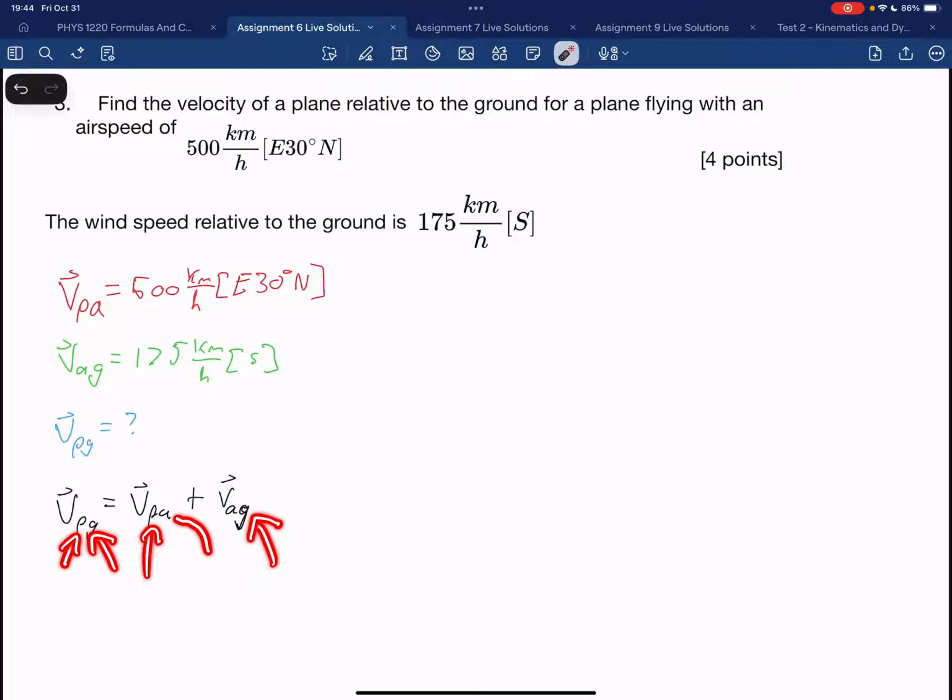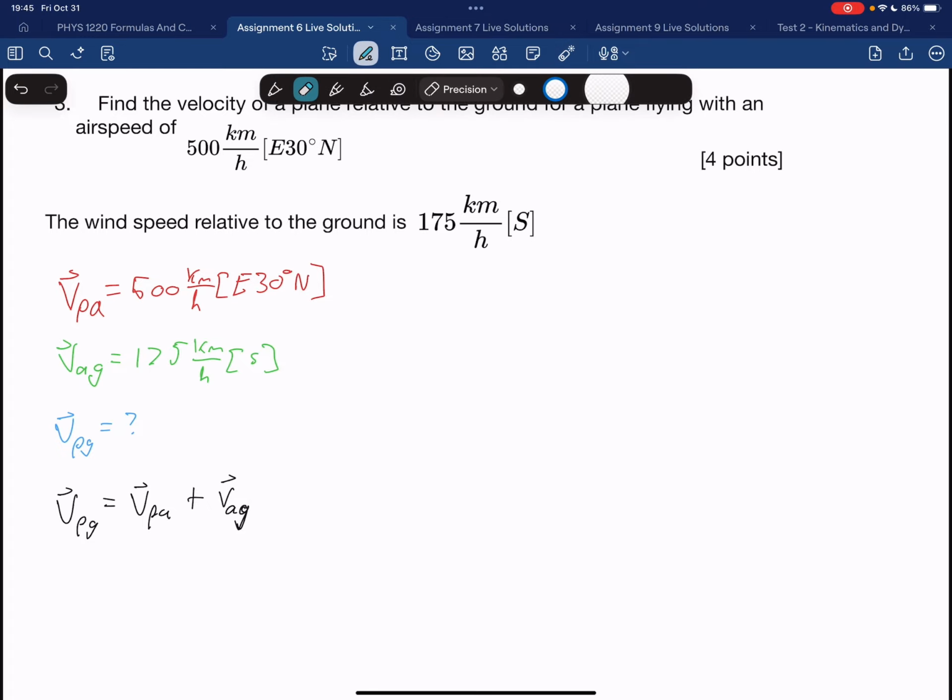The inside letter gets canceled out. So I know I've set this up correctly. So I can go ahead and plug some numbers in after I break stuff into components. I almost forgot to do that.